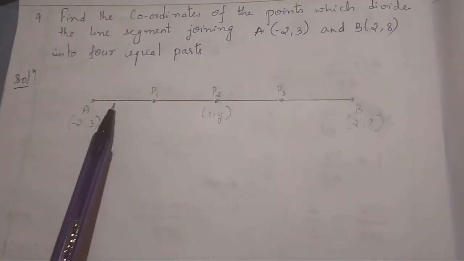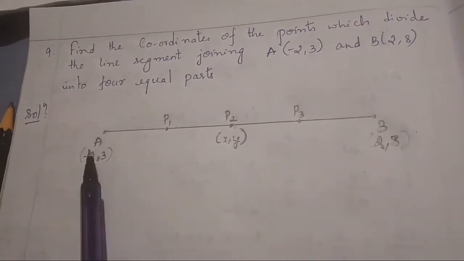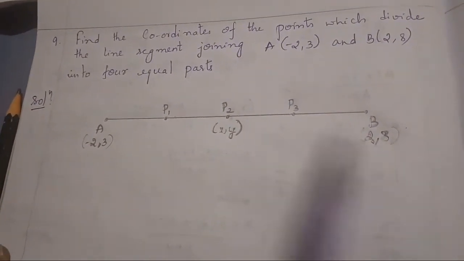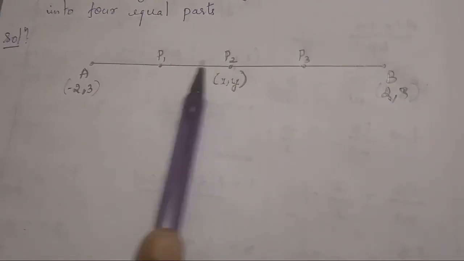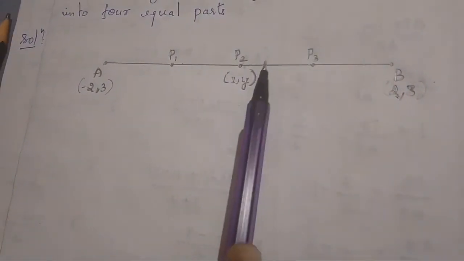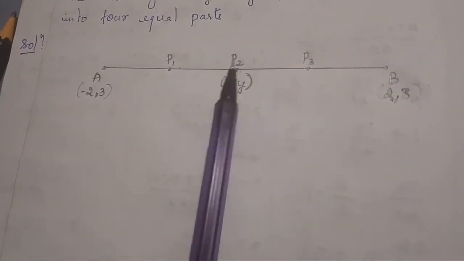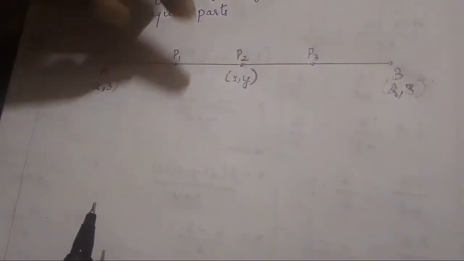I had divided this line segment into 4 equal parts, that is 1, 2, 3, 4 parts. So we need to find each and every segment separately. First I will consider this P1 point.